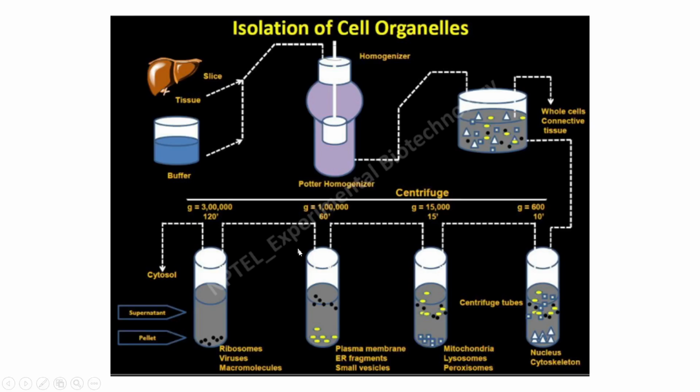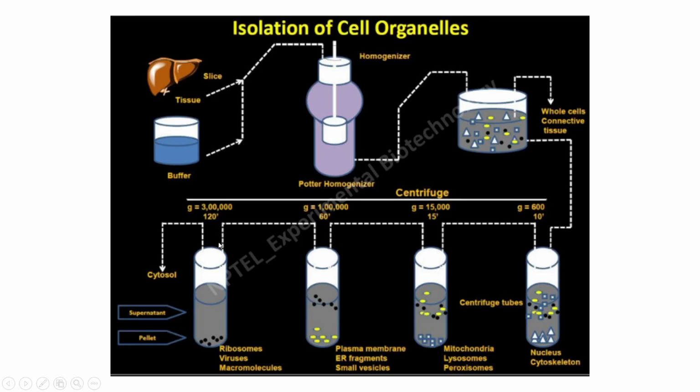Again take that supernatant and spin it at a higher speed, that is 1 lakh G for 60 minutes, that is 1 hour. So you spin the tube for 1 hour at 1 lakh G, and you will see the plasma membrane, the ER fragments and the small vesicles settle down and the rest of the components will be floating in the supernatant.